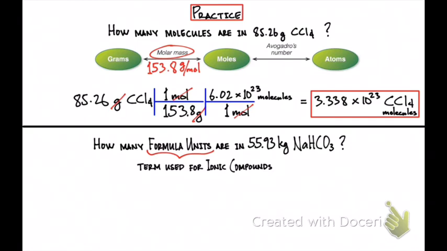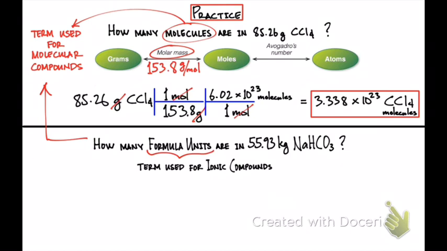Again, formula units is a term used for ionic compounds, whereas molecules is a term used for molecular compounds. So we're going to write down what's given: 55.93 kilograms of sodium bicarbonate. The first thing we're going to do is convert to grams. If you can do that in your head, that's perfect. If not, you can use dimensional analysis and include it in the process.